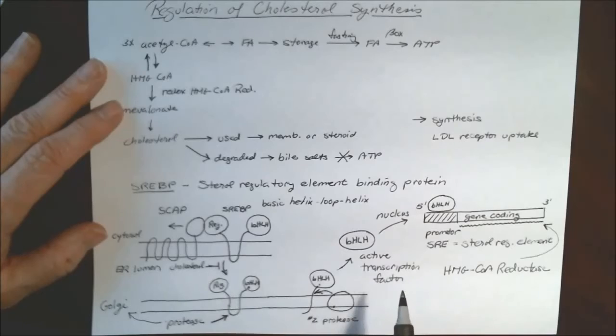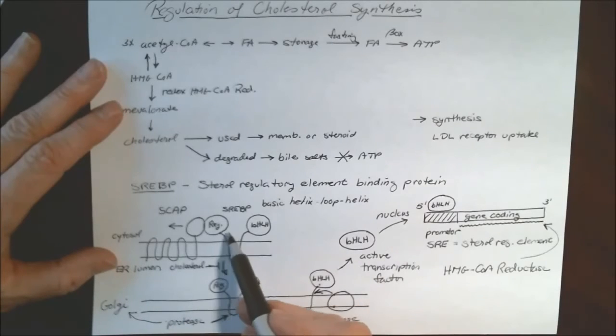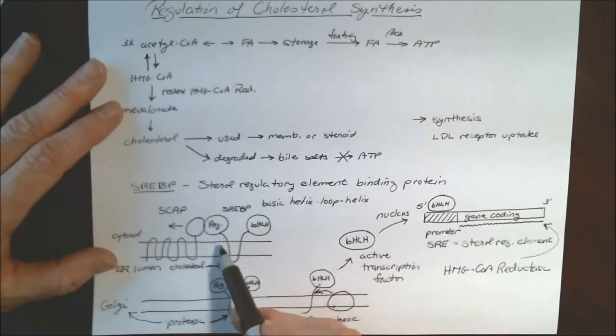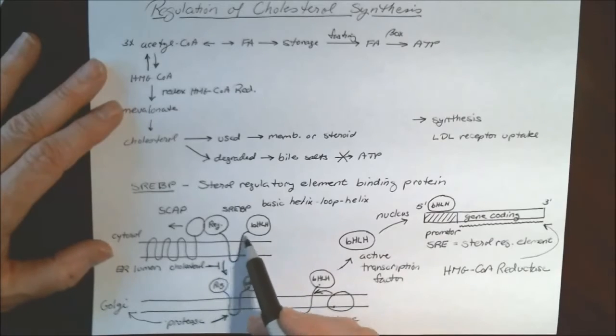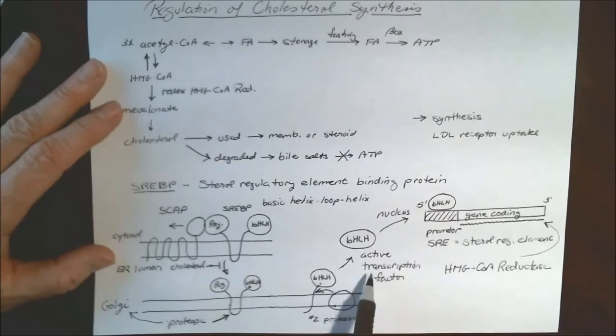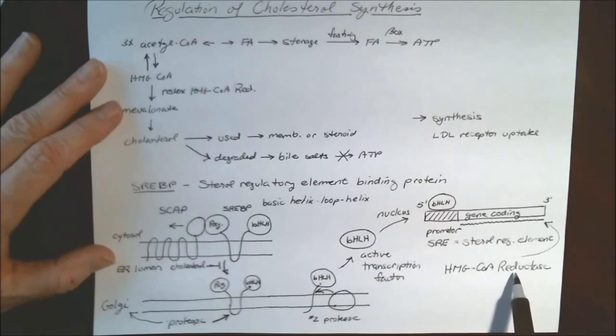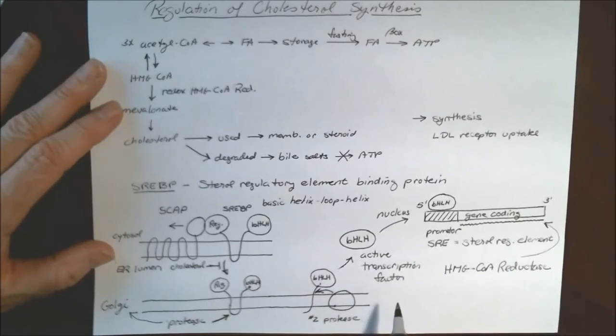Now, as that production level increases, the level of cholesterol increases, which will now inhibit the translocation of the SREBP complex from the ER to the Golgi, and by inhibiting that, the proteolytic activity is unavailable, the transcription factor is not produced, the gene for HMG-CoA reductase is no longer expressed.